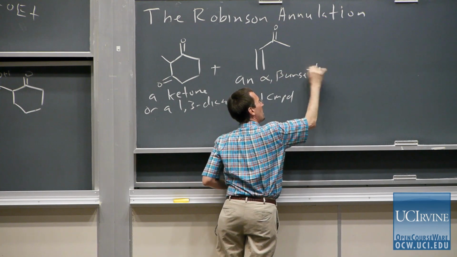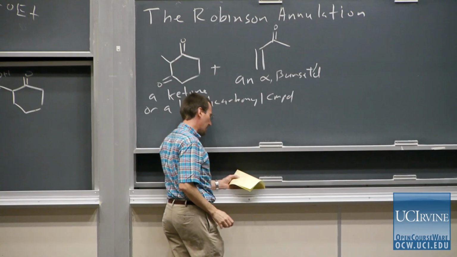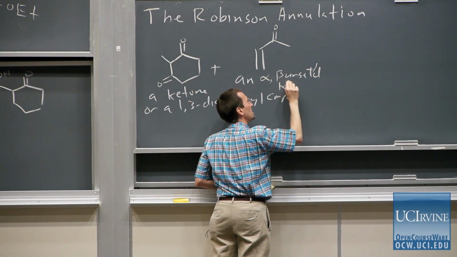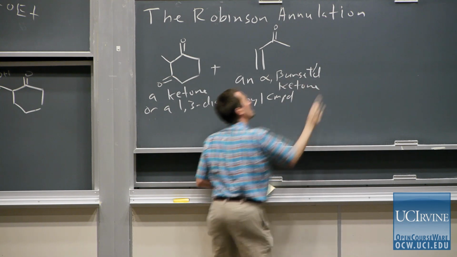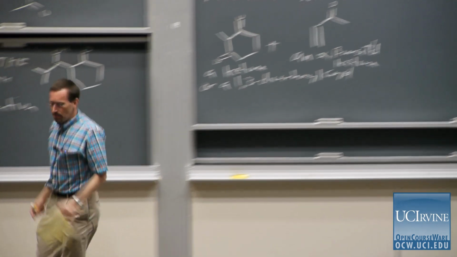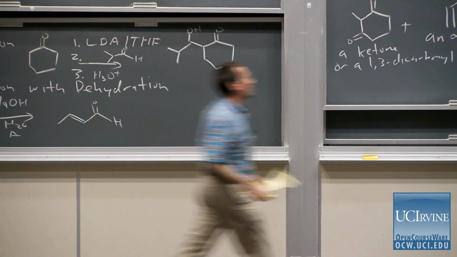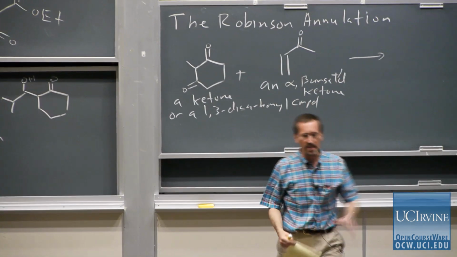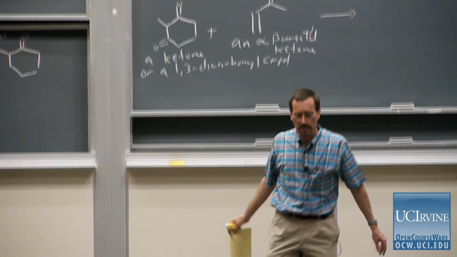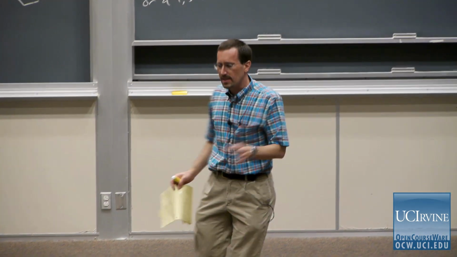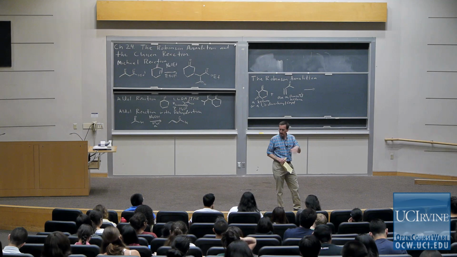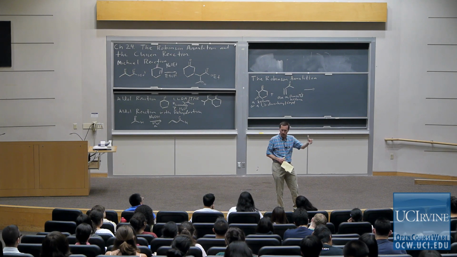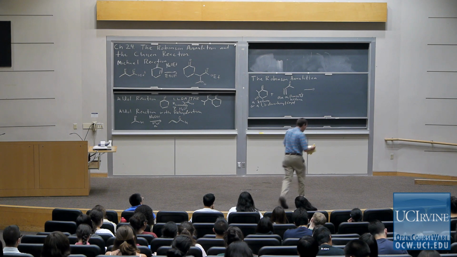I'll write that in shorthand, alpha-beta unsaturated. And I'll say more specifically an alpha-beta unsaturated ketone because we're going to need that. Okay, and again, we're going to mix this with some base. Honestly, you're going to get a baby exposure to the Robinson annulation. In the real Robinson annulation, base is kind of a sticking point, and it's not always as easy as just mixing things together with the first base you try.